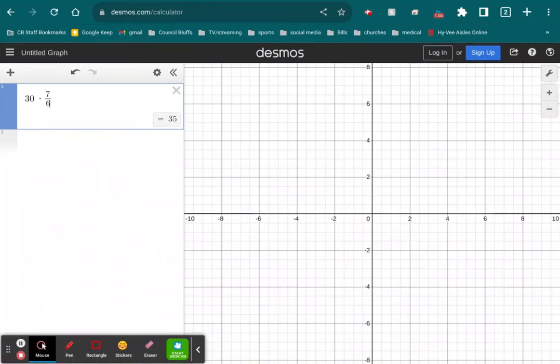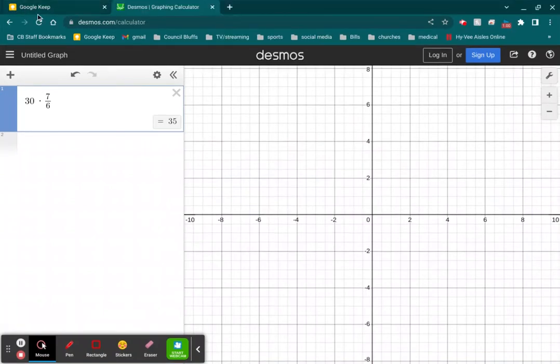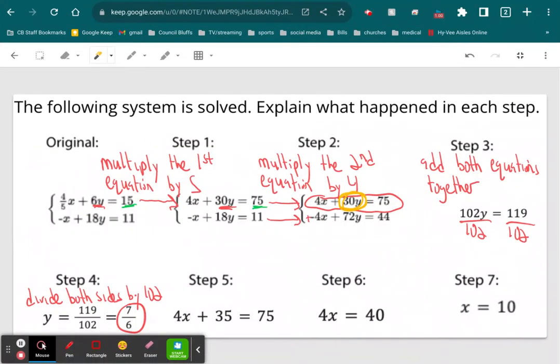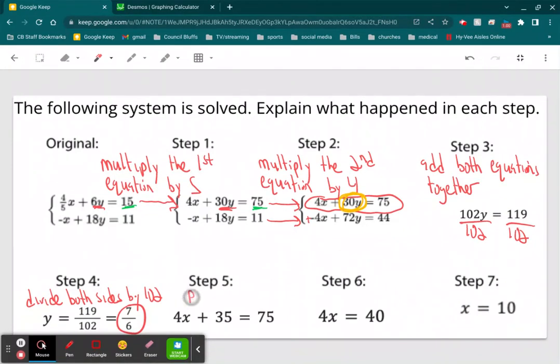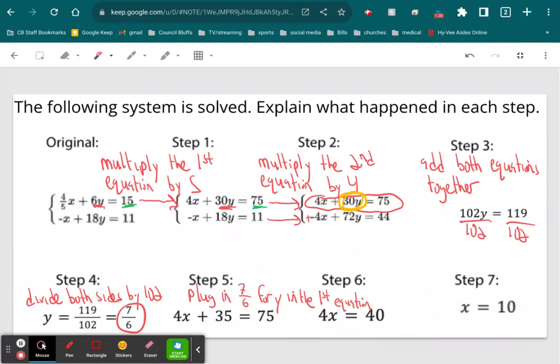So in the next step, they plugged in 7/6 for y in the first equation.